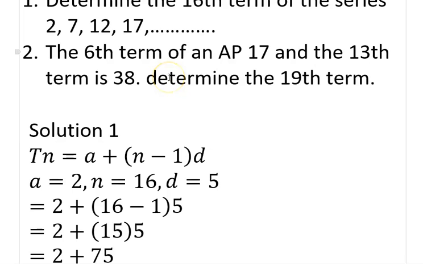The question now says we should determine the 19th term. So we now make use of our formula.